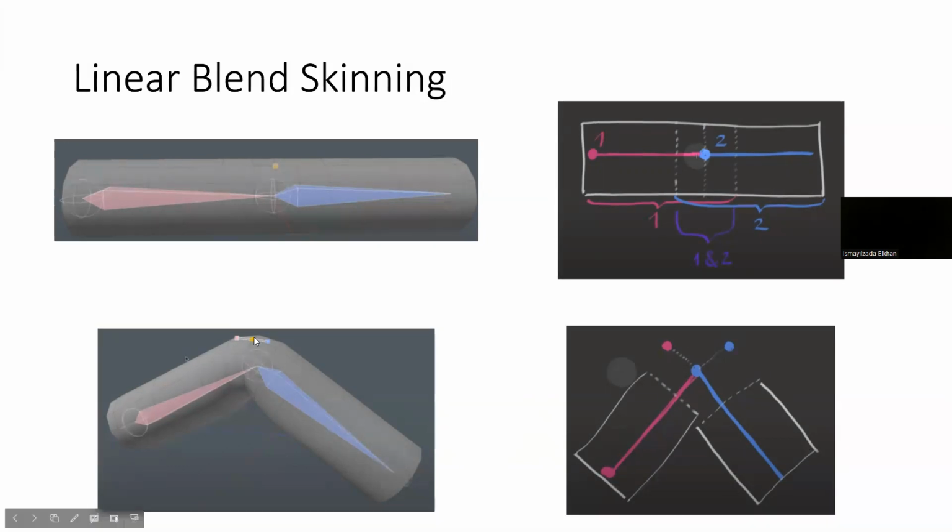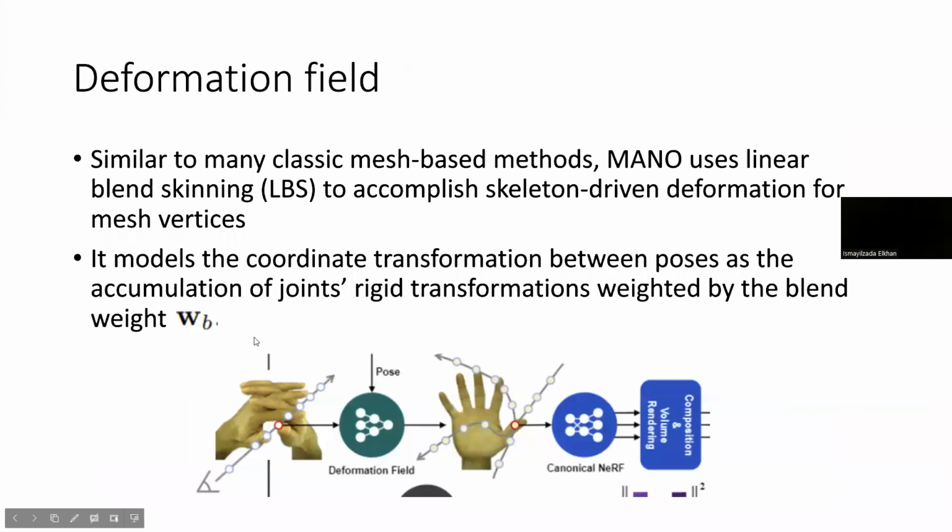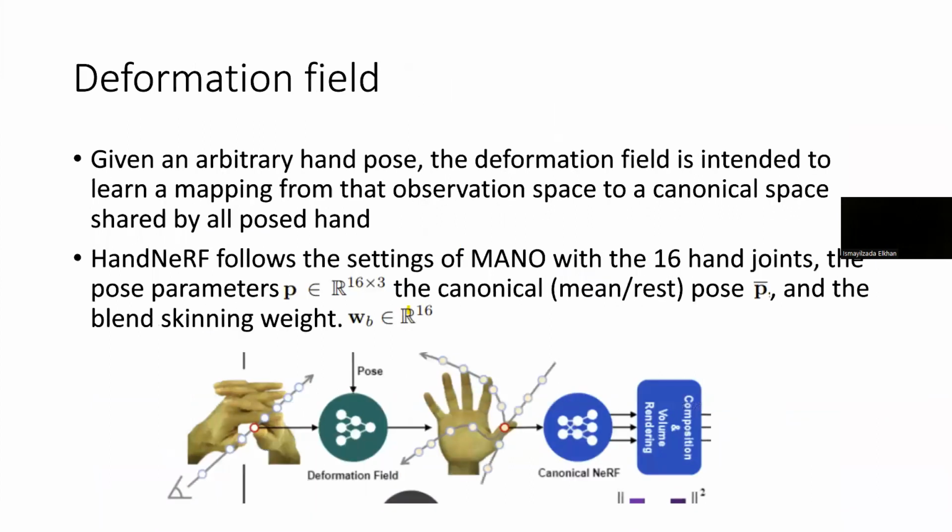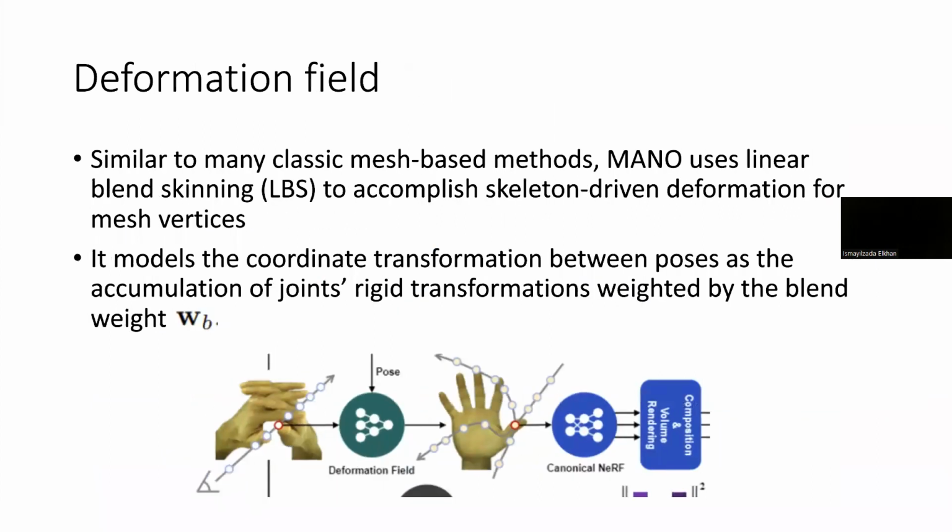To get back, these weights come into play when trying to map the hand in observable space to the hand in canonical space.